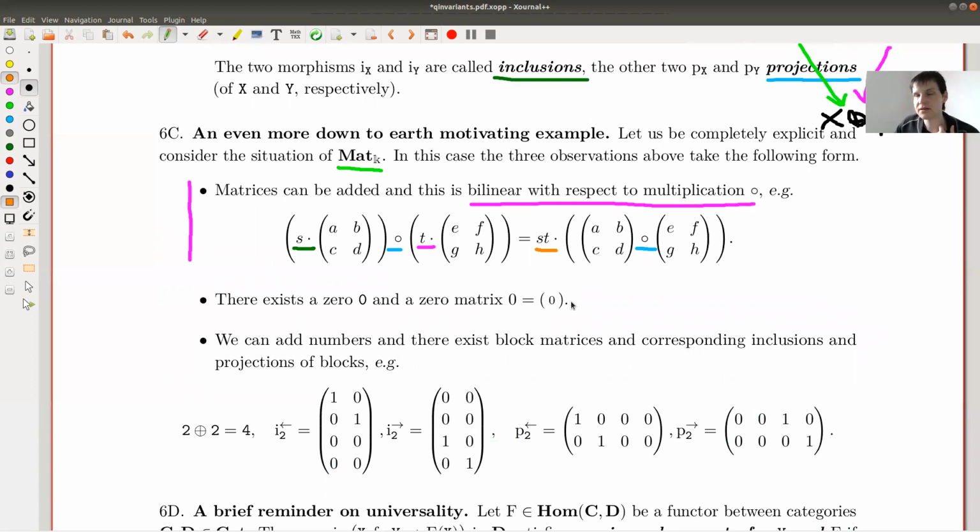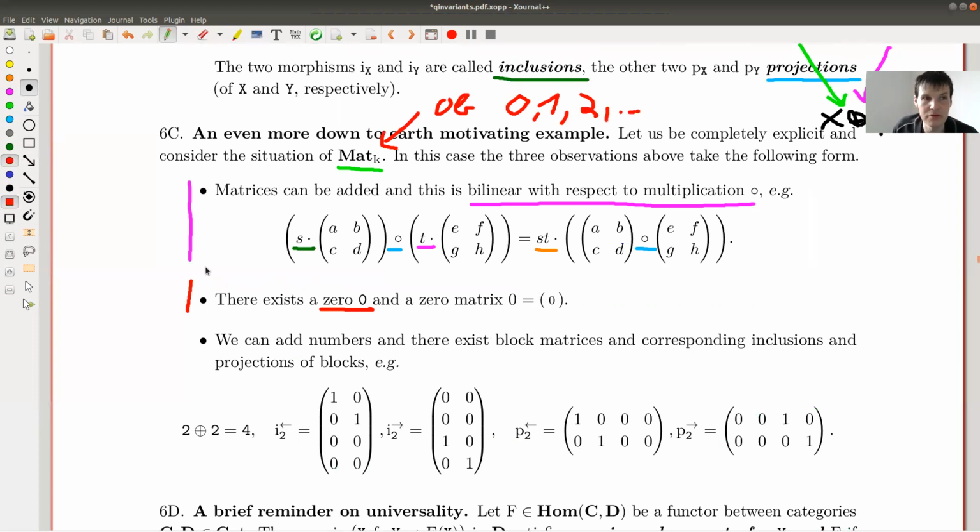Right? Yes, I mean, this is what we learned about multiplication of matrices. That's certainly true. The second bullet point from above is the existence of the zero object. Well, there's certainly the zero number. Remember, the objects here are just whatever numbers, 1, 2, 3, and so on.